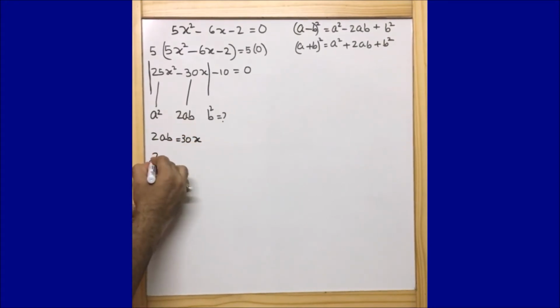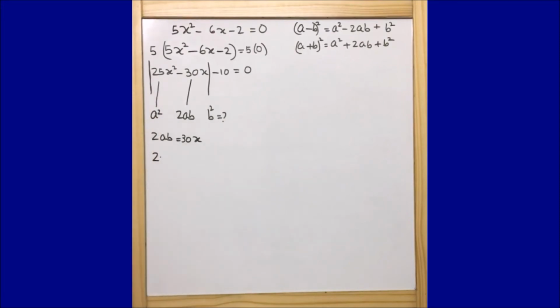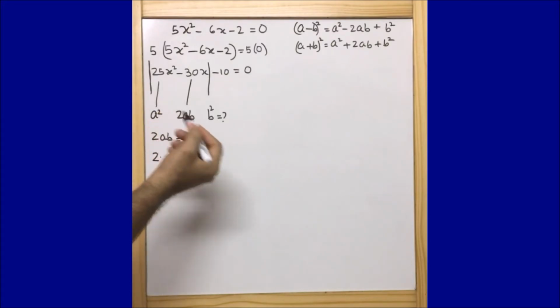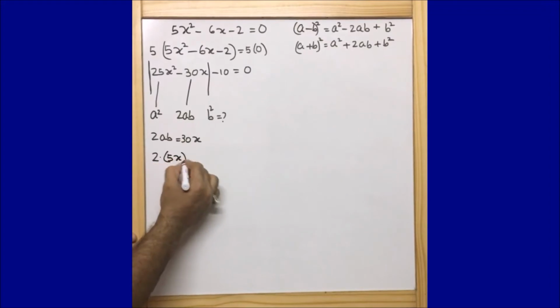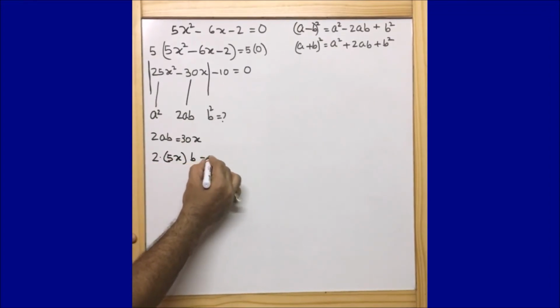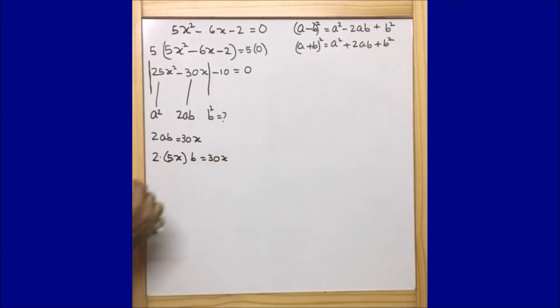I can write 2 into a into b is equal to 30x. What is a here? As I told you, a^2 is 25x^2, so a is equal to 5x. Hope you understood this.